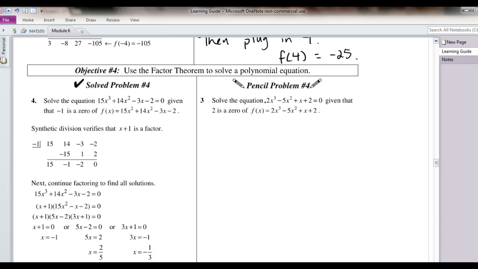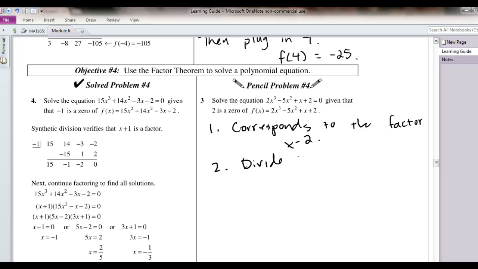They say, solve the equation given that this is a 0. Well, that means we want to divide. Remember, if they say 2 is a 0, that corresponds to the factor x minus 2. So basically, divide by x minus 2 and see what's left over. Okay, so 2x cubed minus 5x squared plus x plus 2.